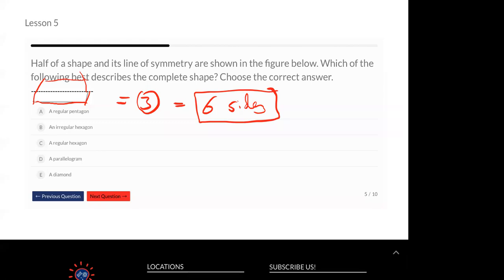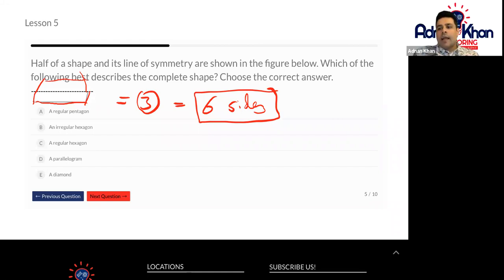Now, which shape is a 6-sided shape? A hexagon is a 6-sided shape. But in this case, the 6 sides of the hexagon are different lengths.